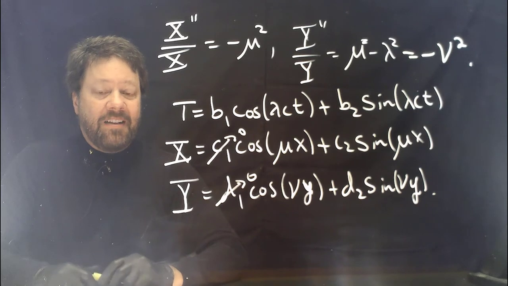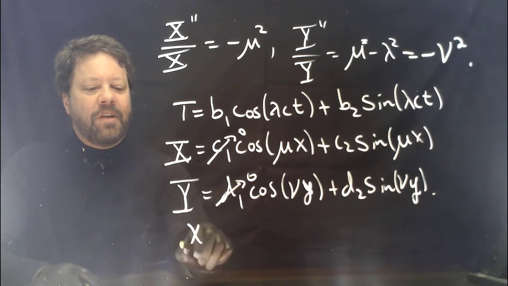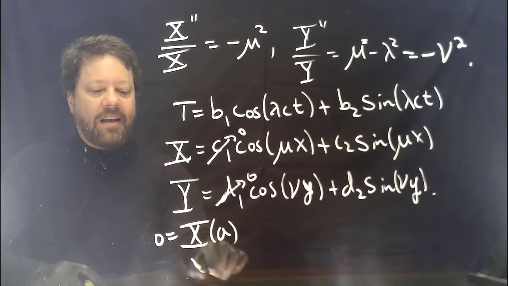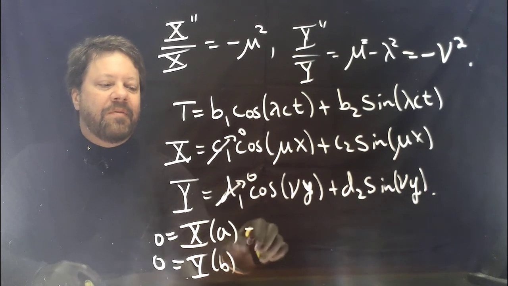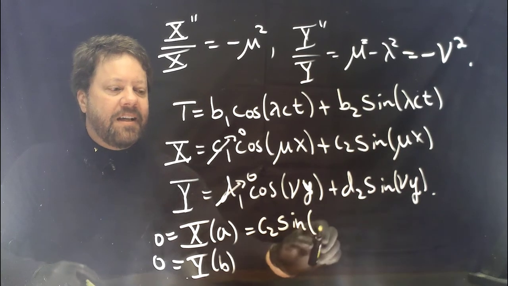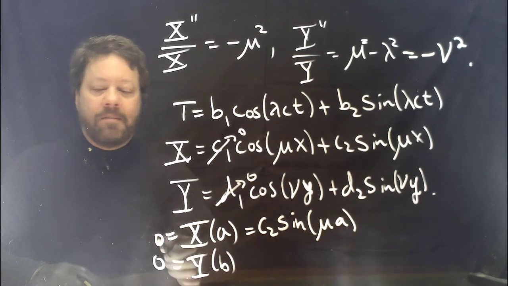To obtain zero displacement on the other two sides of the rectangle, we must have x of A equal 0 and y of B equals 0. So we'll have C2 times the sine of mu A must be 0.